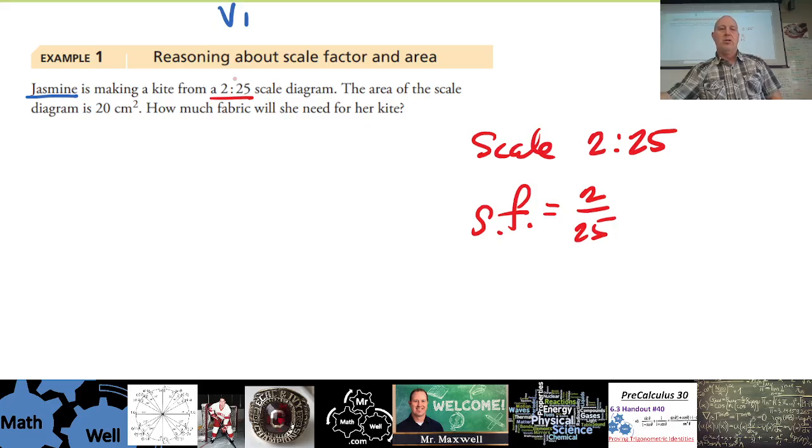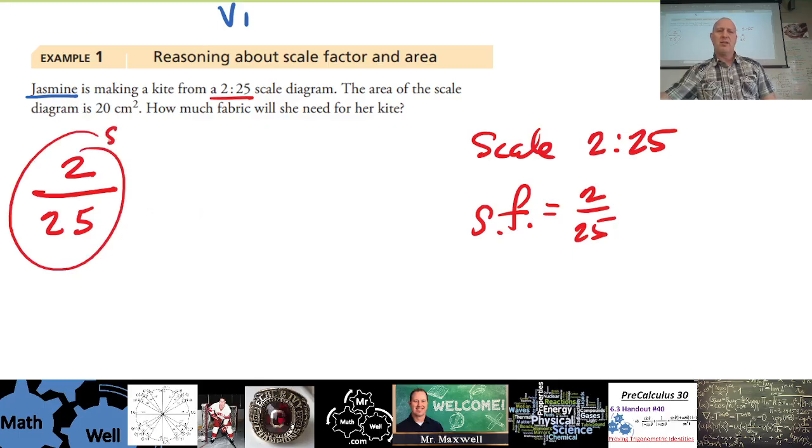Jasmine's making a kite from a 2 to 25 scale diagram. The area of the scale diagram is 20 centimeters squared. How much fabric will she need for her kite? The scale is 2 to 25, diagram to original, so this is the scale factor.